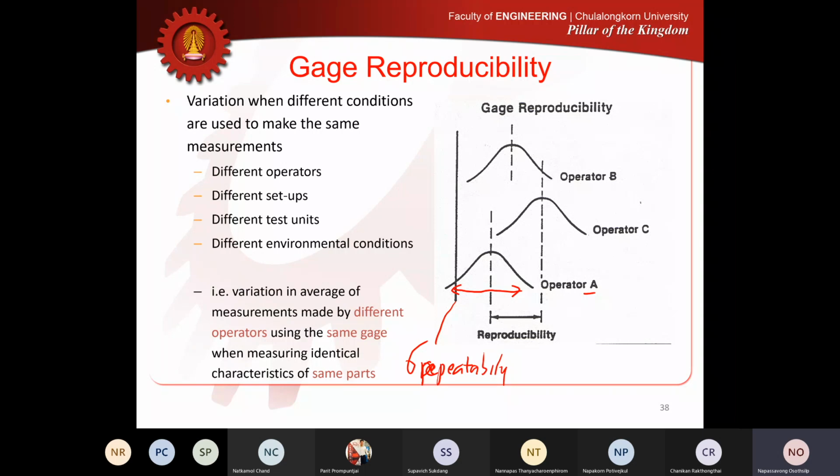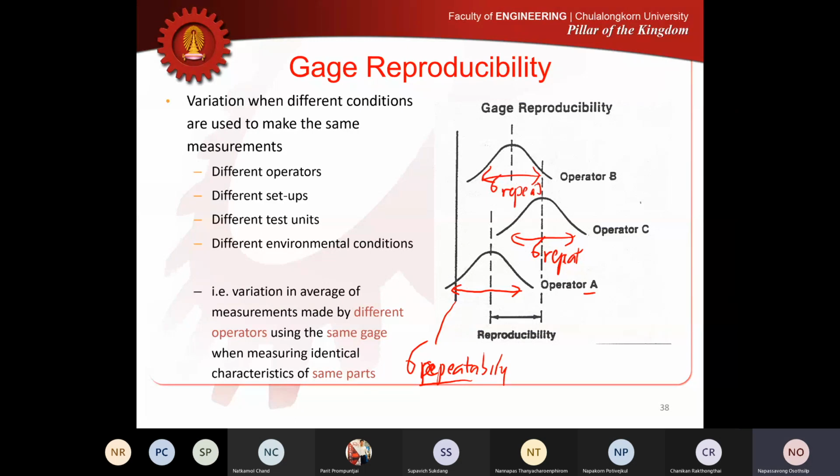That is called variation regarding repeatability. And then if we ask operators B and C to do the same thing, that means measure the same part different times, we will get sigma repeatability for operator C and operator B also.